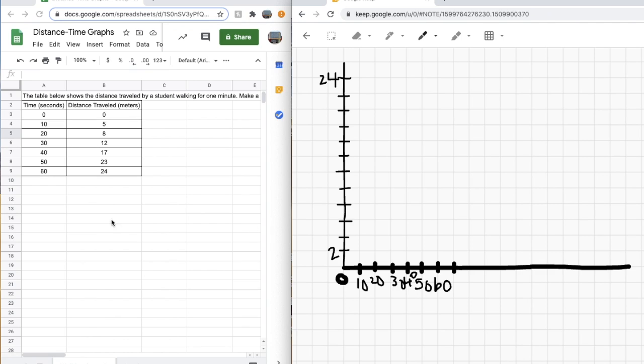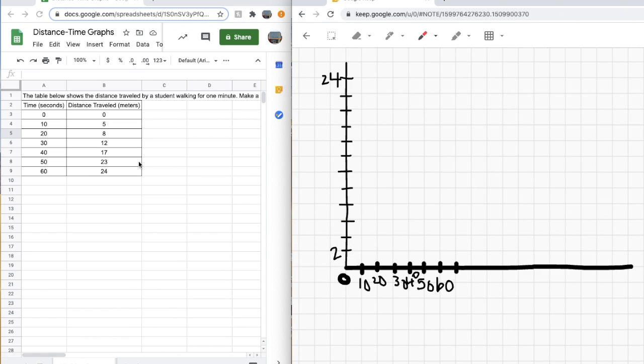Okay. So now I'm going to graph my points, and I'm going to change my color. And I'll make it a little bigger since I'm just getting dots on here. So I'm going to say at 0, he went 0. Put a dot here. At 10, he went to 5, so that's 2, 4, and then about halfway up. At 20, he went to 8, so 1, 2, 3, 4.